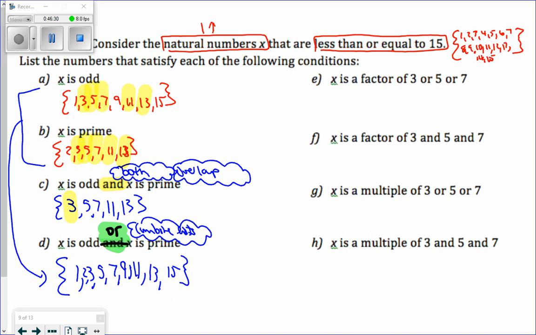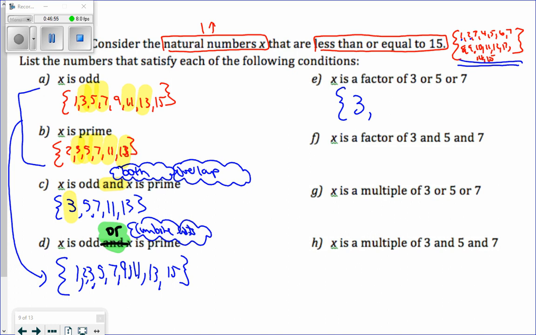Okay. X is a factor of 3 or 5 or 7. So, looking at your numbers, what's a number that's a factor of 3? So start at the beginning: is 1 a factor of 3, 5, or 7? Is 2 a factor of 3, 5, or 7? Okay, so what's the first one? 3.